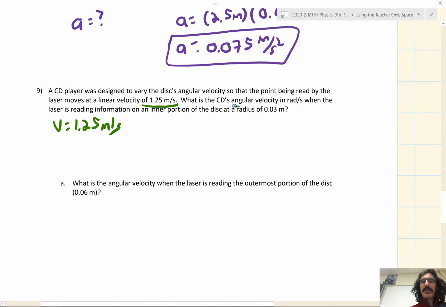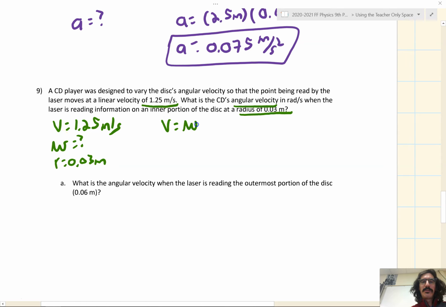What is a CD's angular velocity, omega, when the laser is reading information on an inner portion of the disk at a radius of 0.03 meters? We're going from linear velocity to angular velocity.